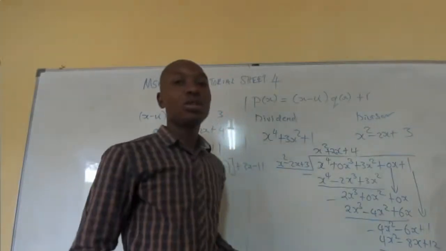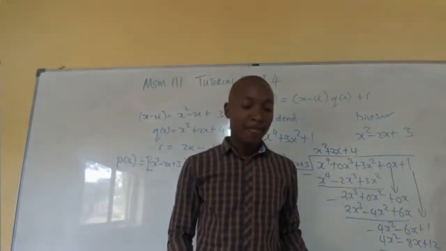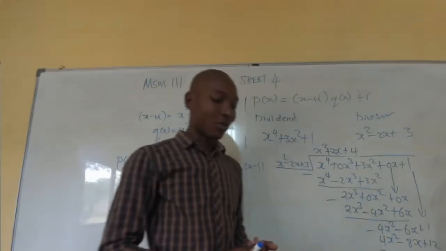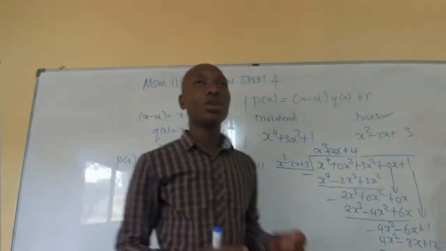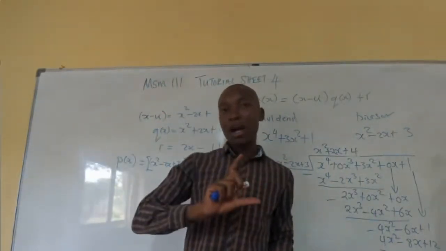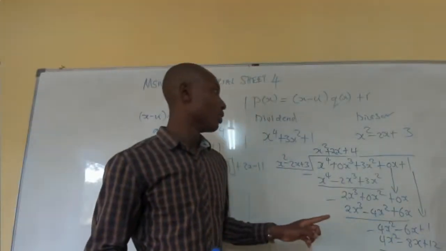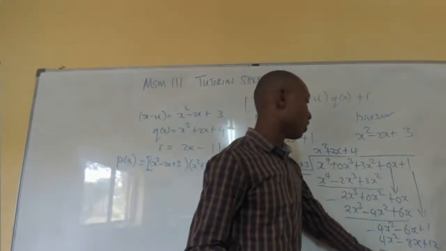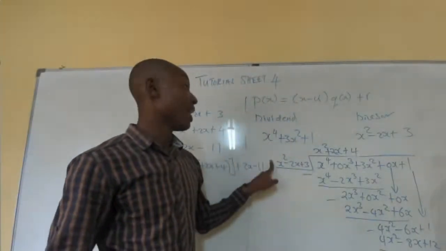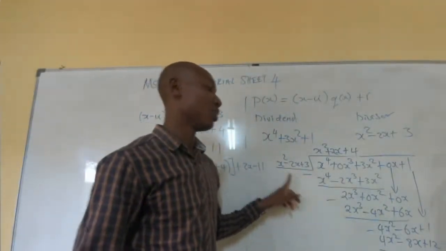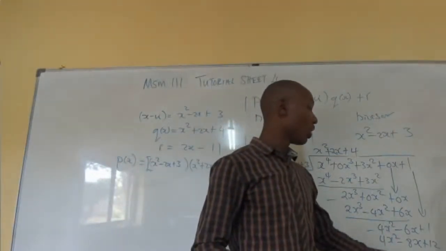Okay, so when do we stop dividing? Whenever we're dealing with these sort of questions, we stop dividing when we notice that the highest powered variable can no longer go into the dividend. So in this case we had the highest powered variable, which was x squared, and we know x squared could not go into x.